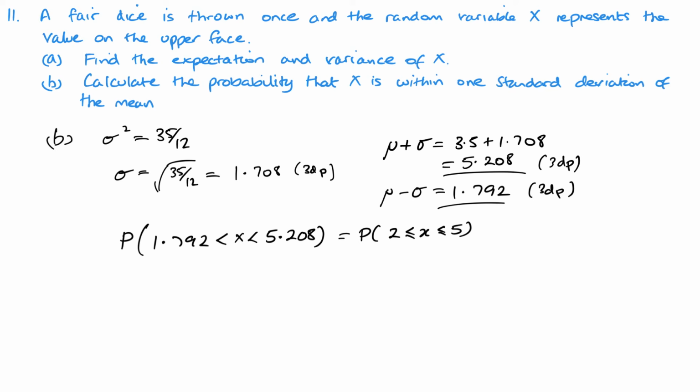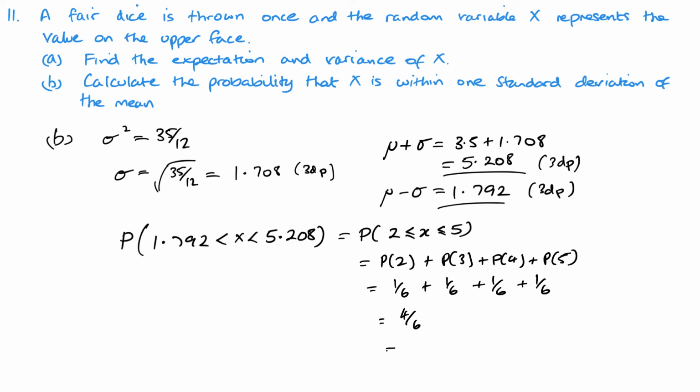Now, probability of rolling a 2, plus the probability of rolling a 3, 4, or 5. So it's quite obvious, it's just 1/6 plus 1/6 plus 1/6 plus 1/6. So 4 over 6, or 2/3.